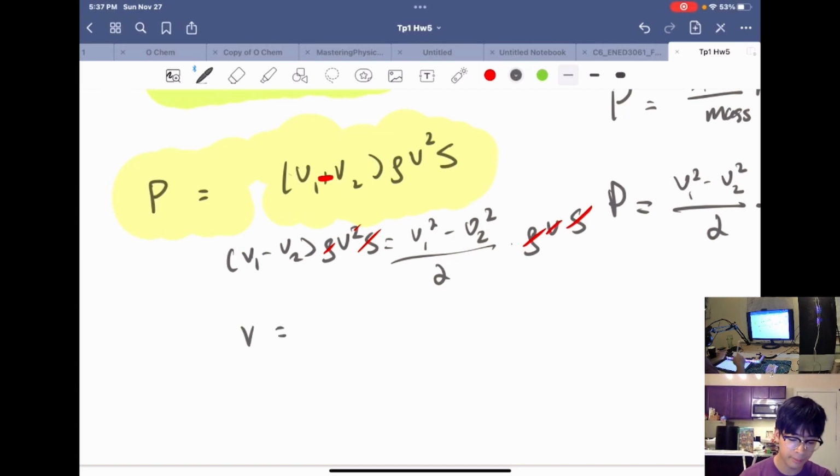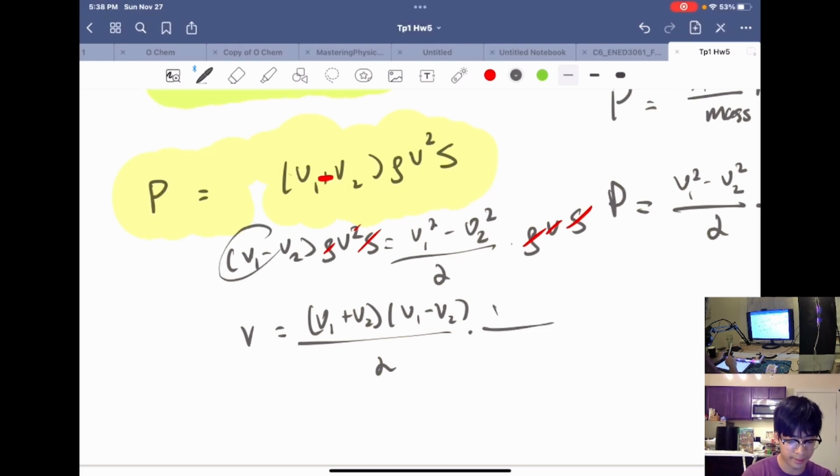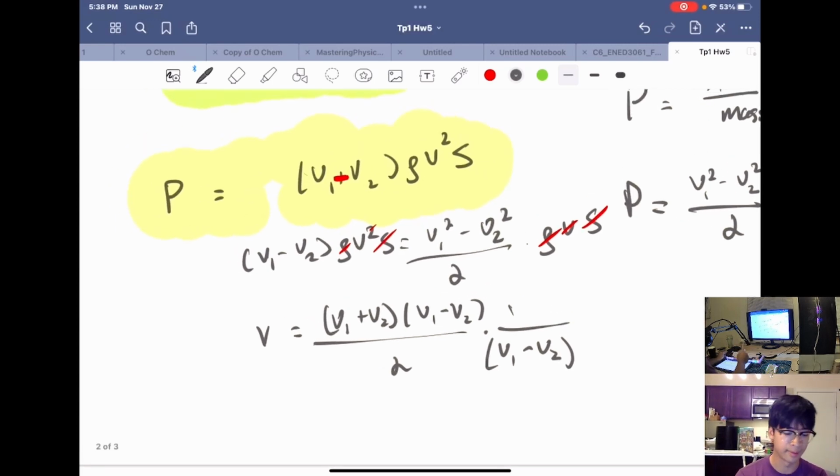So v equals, I'm going to expand this difference of squares out, so (v1 plus v2)(v1 minus v2) over 2 multiplied by the reciprocal. I'm bringing this expression over to the other side, so divide by v1 minus v2, and everything else cancels out, so I'm all good.